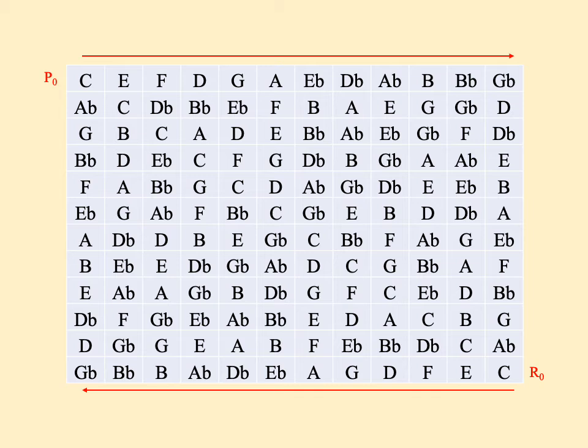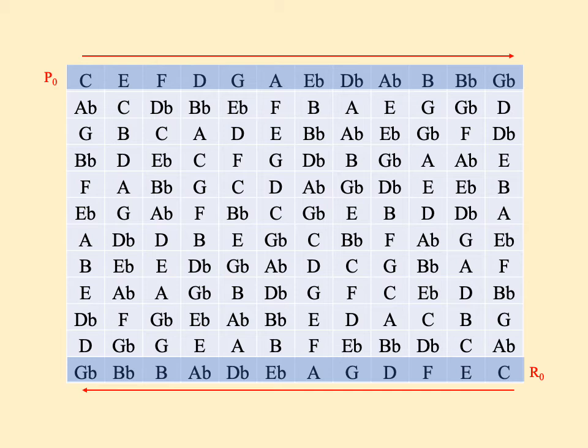And realize that the R0 row, if you start from right to left and read it, goes C, E, F, D, G, A, E flat, D flat, A flat, B, B flat, G flat. Exactly the same. P0 and R0 are the same thing. There's no difference. You couldn't tell them apart if you heard them.